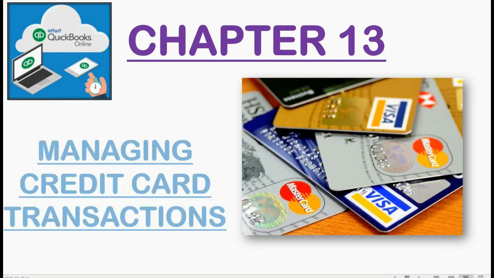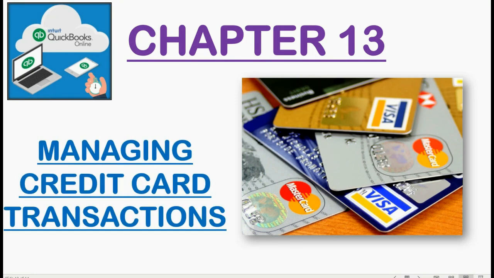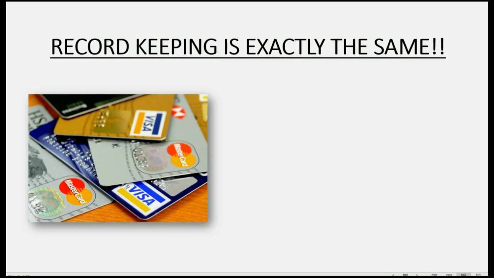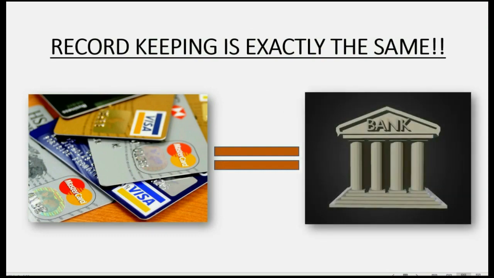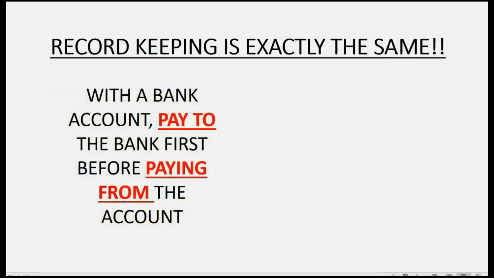Chapter 13. Managing Credit Card Transactions. You see, the record keeping for a company credit card is exactly the same method as keeping records of your bank account. They both have plus and minus to the balance every time you have a transaction.